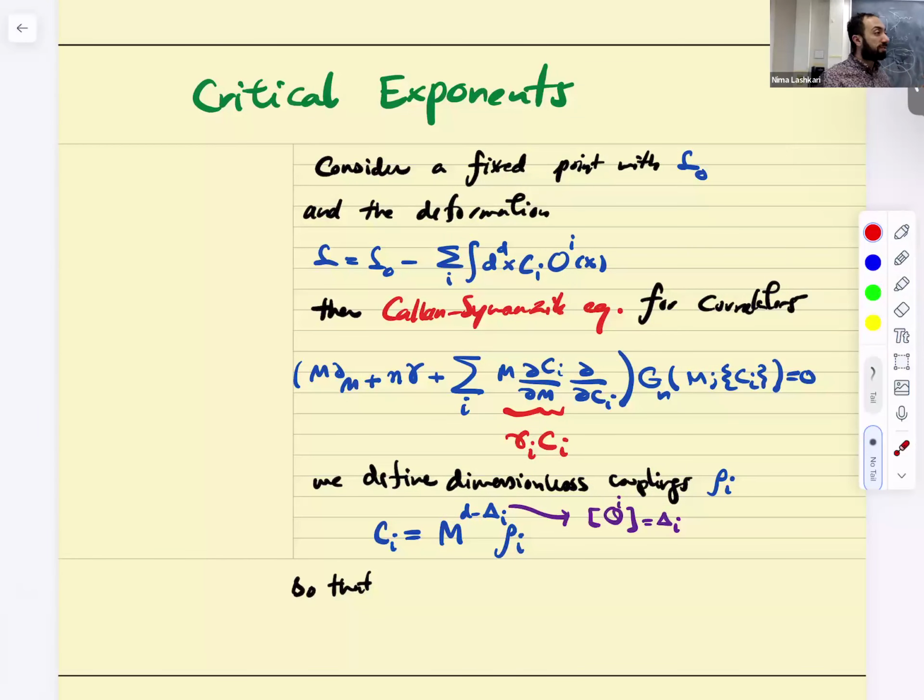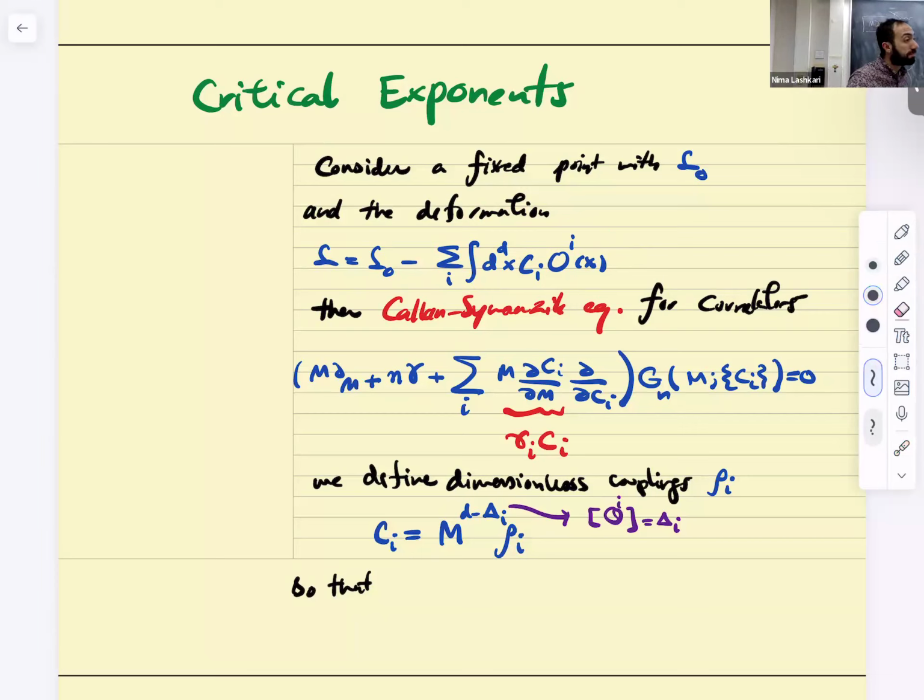Start with a fixed point of the RG. That means the scale invariant theory, conformal invariant if it's relativistic. Deform it by a bunch of operators O_I. These are the couplings. This is the term we've included. Here I didn't tell you what O_I is. It could be a composite operator.